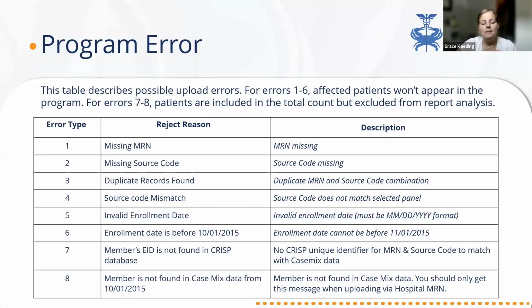And then members not found in case mix data after October 1st, 2015. This should only happen with hospital users when they're uploading with the hospital MRN, because we need to make sure that patient visited your hospital, and we could not find that MRN within your hospital, so we really can't pull anything.